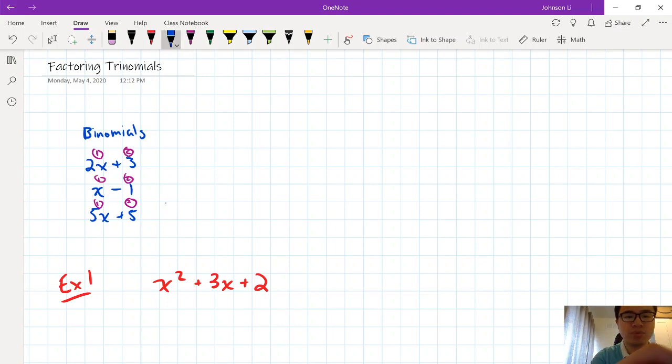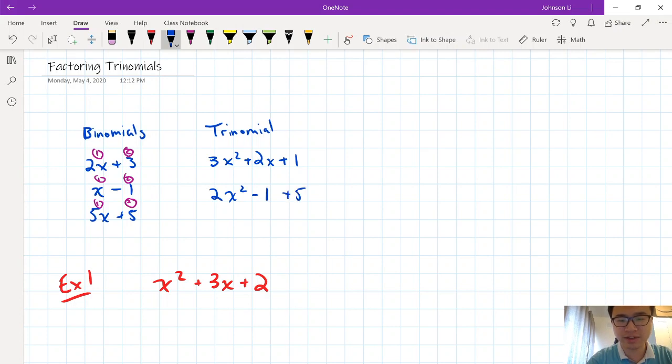The other thing that we talked about also is trinomials, and we have to distinguish between binomials and trinomials. Just like binomials, they're just a string of things being added or subtracted from each other. The only difference is that there's three items, so there could be three unlike terms, like 3x plus 2x plus 1, or 2x squared minus 1 plus 5x.